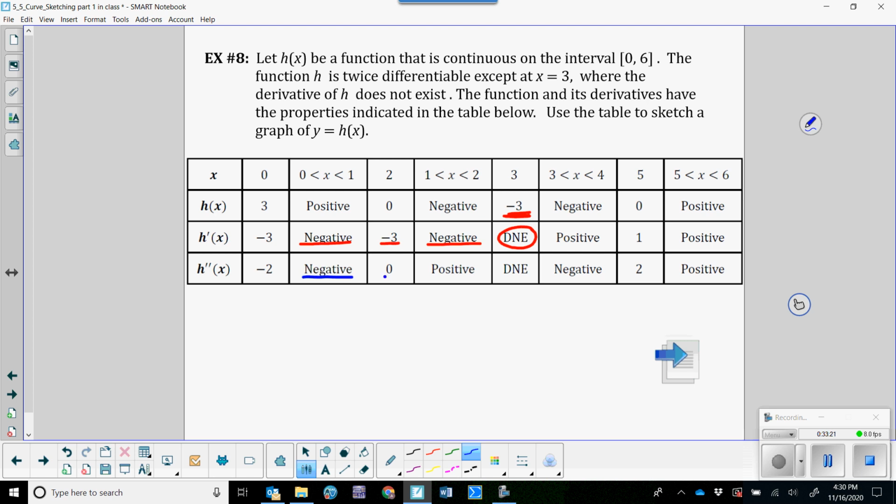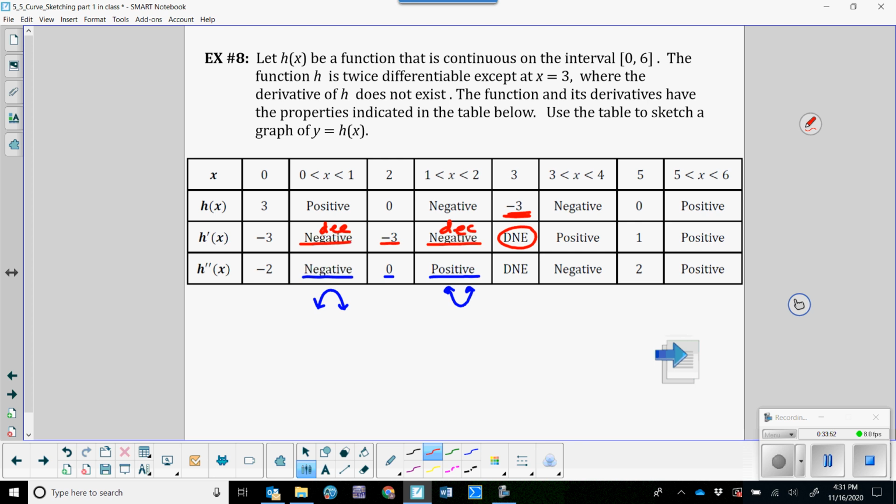At 2, it becomes 0, which means that's a point of inflection because from 1 to 2, it's positive. So here we're concave down, here we're concave up. And we're going to be decreasing and concave up to run into x equals 3.